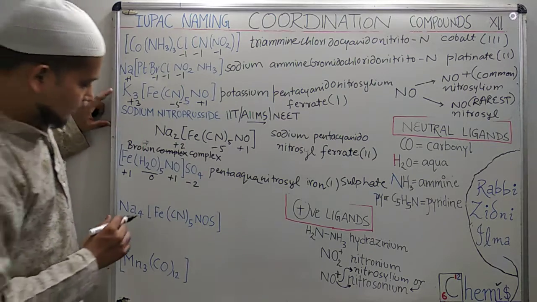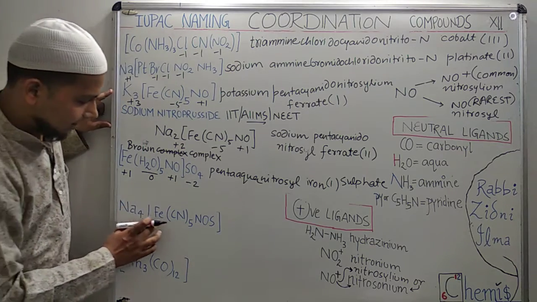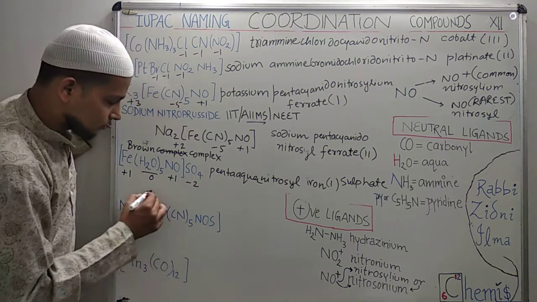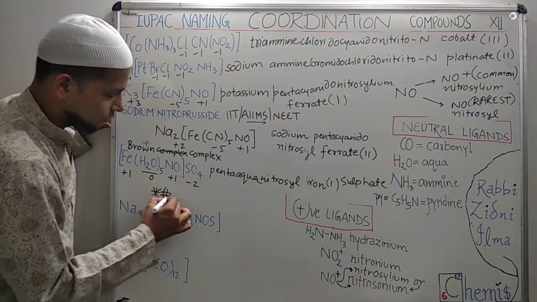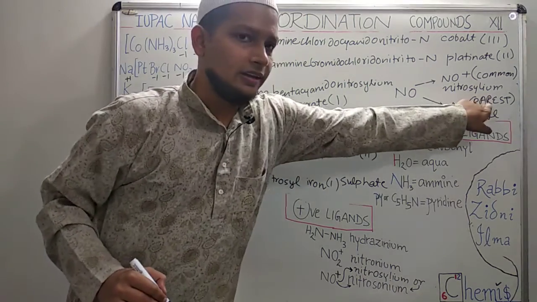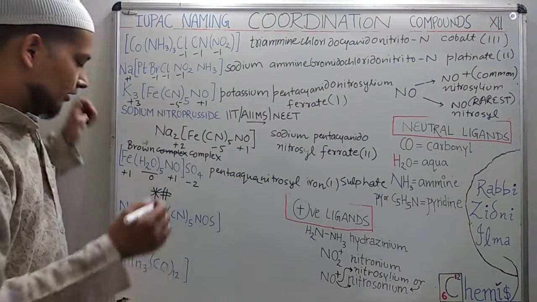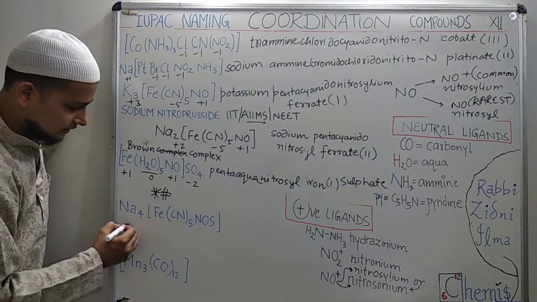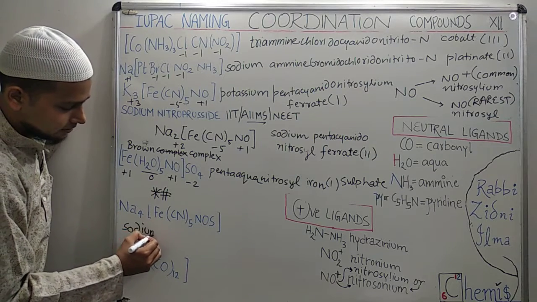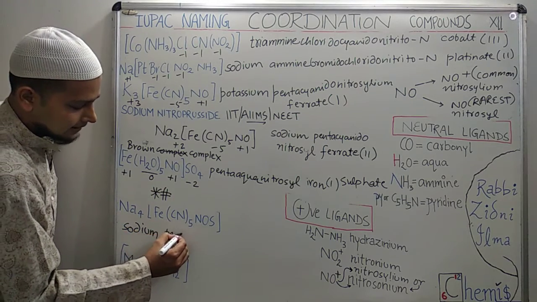Next we have Na4[Fe(CN)5NOS]. It is also a rare question. Now I am talking about this rarest probability where NO is nitrosyl and it is neutral. So if you are trying to decode this, this will give us sodium. We have 5 cyano, that will be pentacyanido.